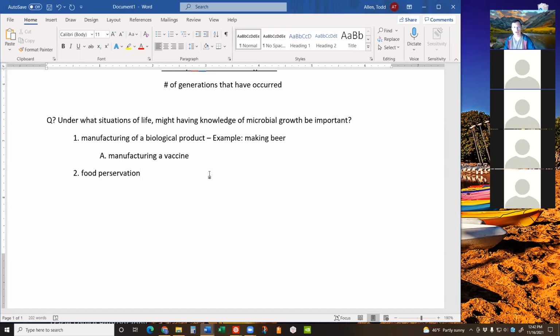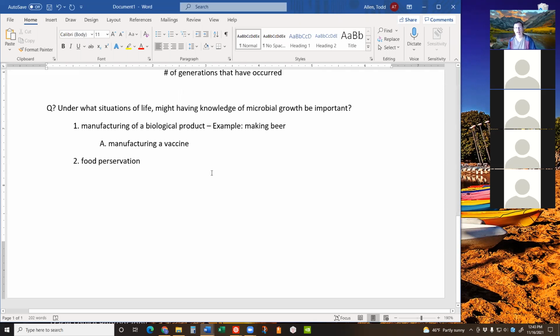The canning industry has to be worried about whether they're doing the canning process correctly, because if there's any kind of disruption in the canning process, the food might spoil. Well, how long is it going to take for the food to spoil? Depends on a lot of variables, such as the temperature of the environment, the particular species of microbe that got into the can of food, things like this. Absolutely.